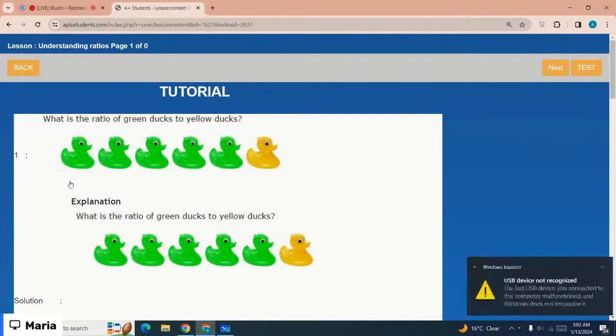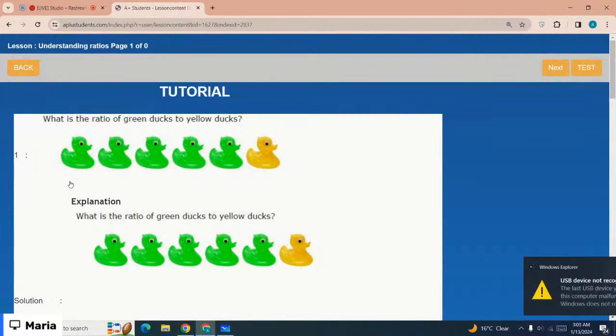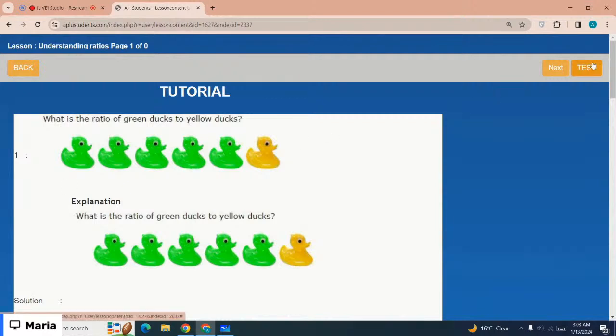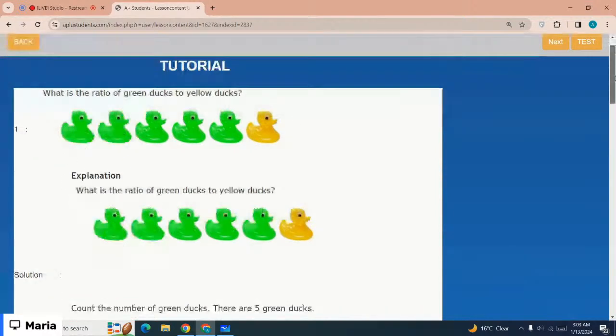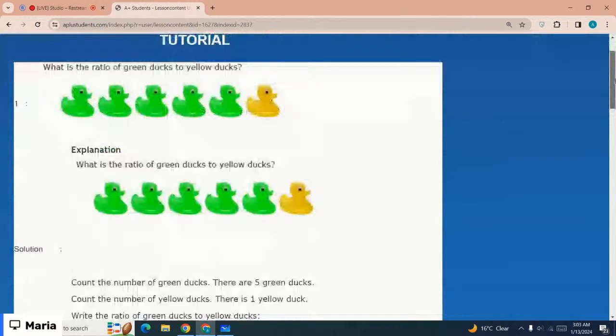So how do you calculate the ratio? You need to count the total ducks. The total ducks are 1, 2, 3, 4, 5, 6, right? The total ducks are 6. And then how many ducks are green? Out of 6, 5 of the ducks are green. So you can write the ratio as 5 to 1, because you need to write down the ratio of green ducks to yellow ducks, right?